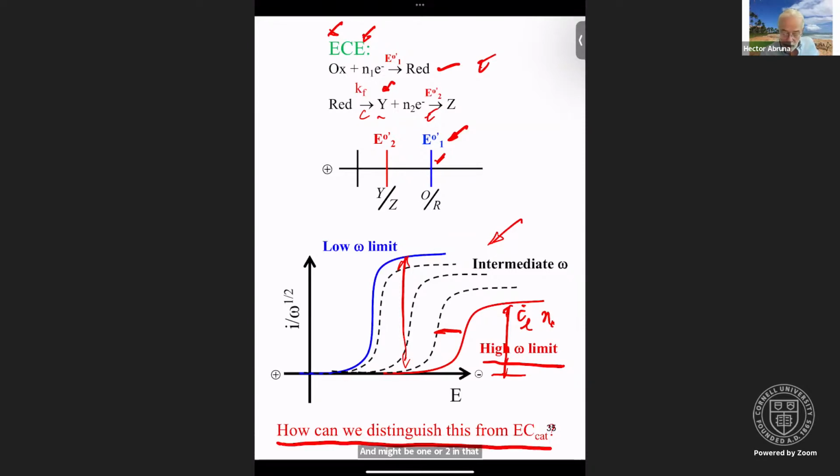And so the limiting current here is proportional to N1 plus N2. So this might be twice the size of the first one. In rare cases, maybe 3 times.